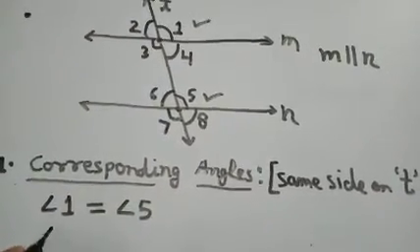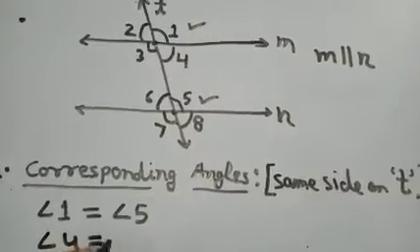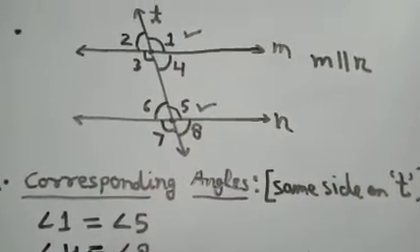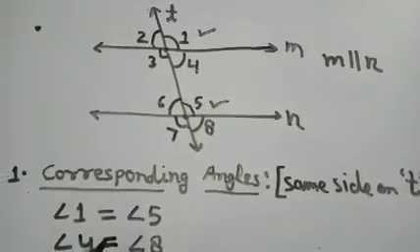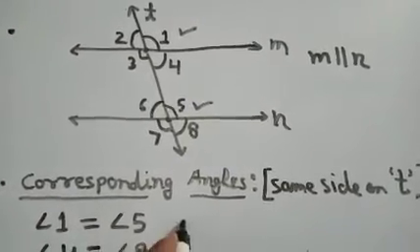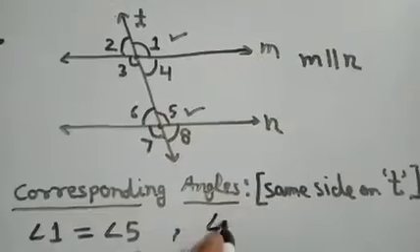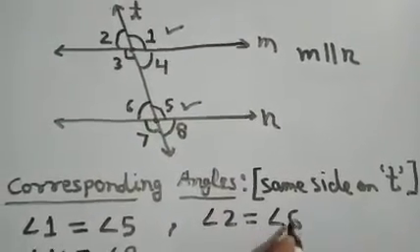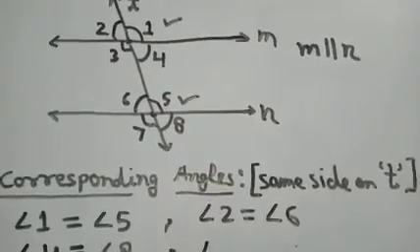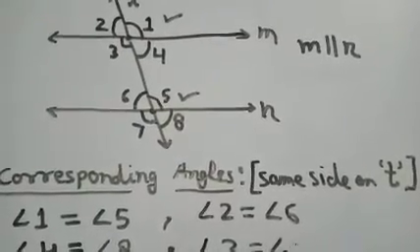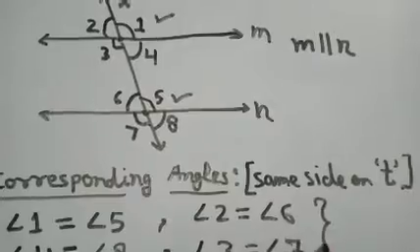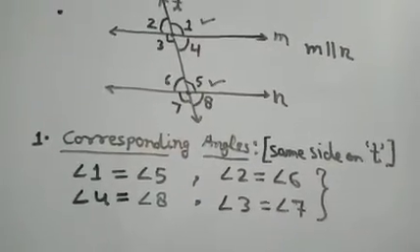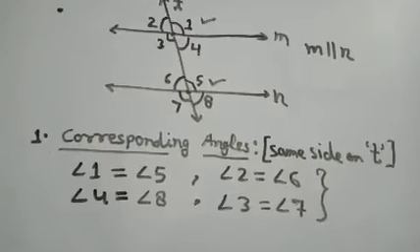Similarly, angle 4 and angle 8 are corresponding angles, and these are equal in value. Angle 2 is equal to angle 6 and angle 3 is equal to angle 7. So there are four pairs of corresponding angles made by a transversal which intersects two parallel lines.